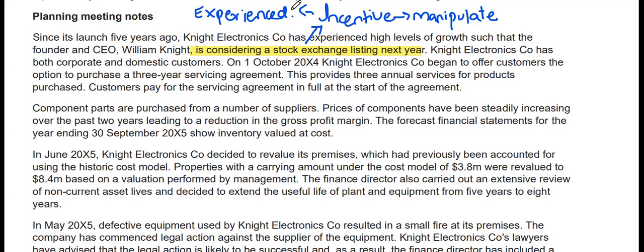Okay, and very important, you should add this in your response. You can write that the audit team should enhance their professional skepticism in order to identify this manipulation. Okay, so basically your examiner's words are that students usually tend to write that auditor should increase professional skepticism in almost every response, which is not right, guys.